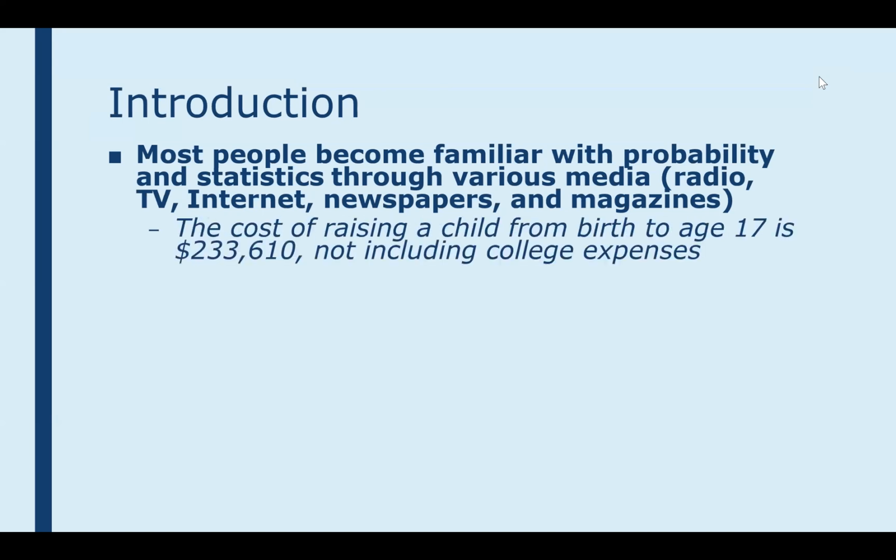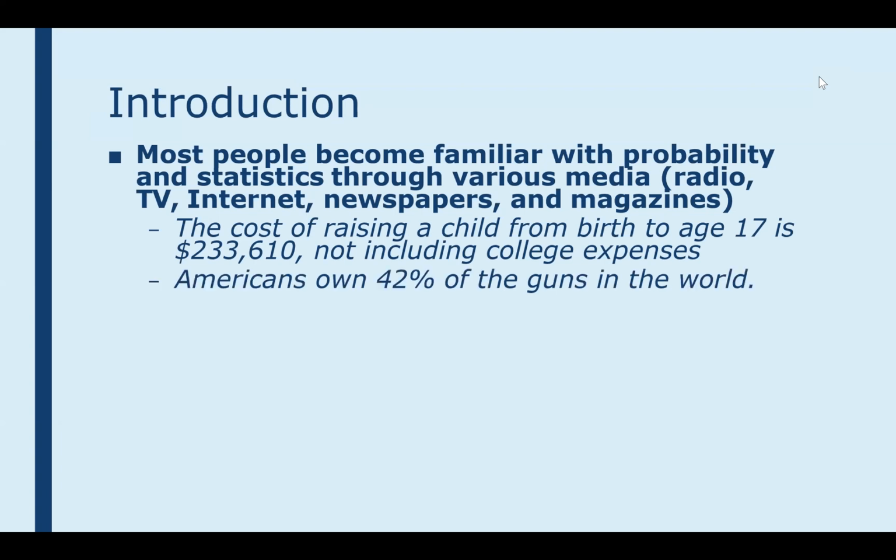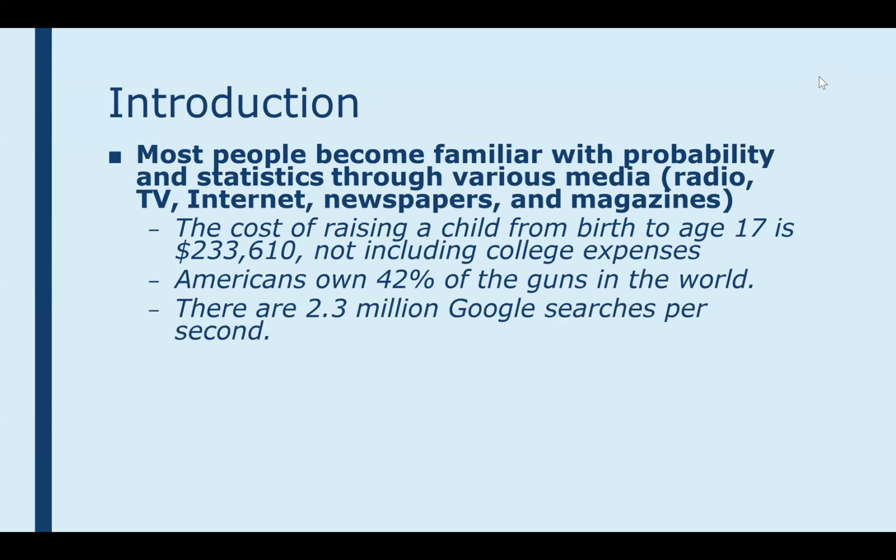For example, the cost of raising a child from birth to age 17 is $233,610, not including college expenses. Americans own 42% of the guns in the world. There are 2.3 million Google searches per second.